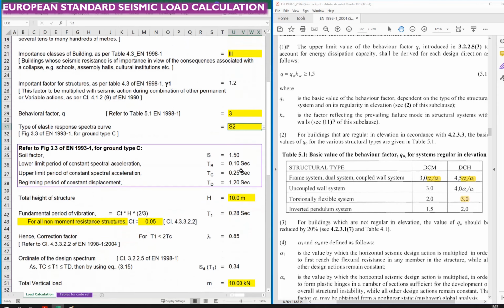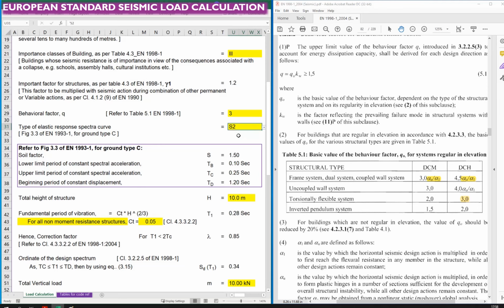Next one is type of elastic response spectrum curve. Generally, the selection of this type of elastic response spectrum curve depends upon the customer requirement, or even the designer can select which elastic response spectrum is applicable for his design. There are two elastic response spectrum curves, S1 and S2.